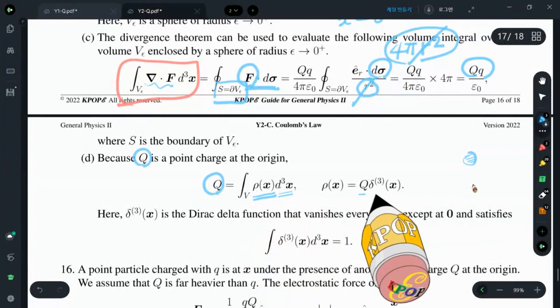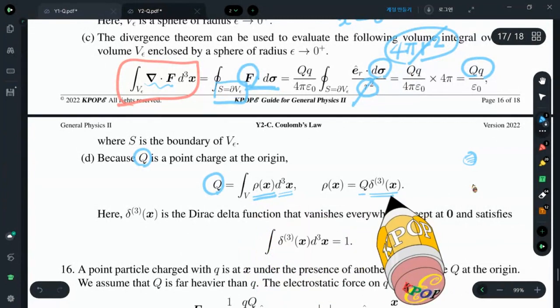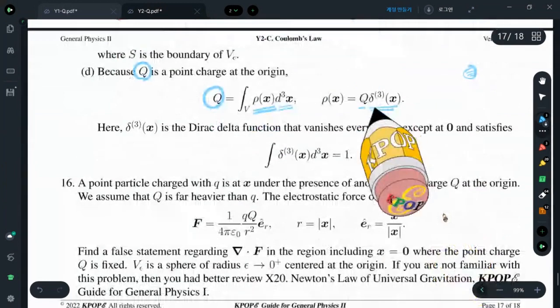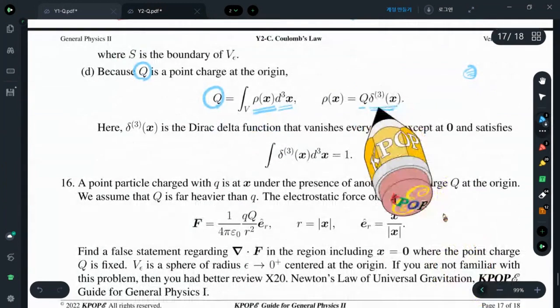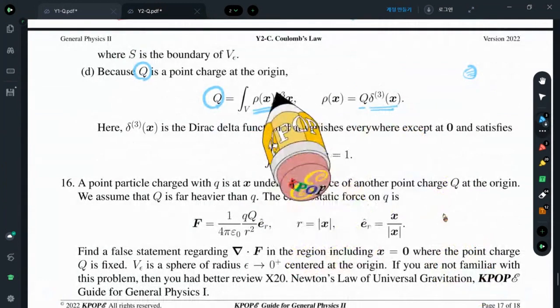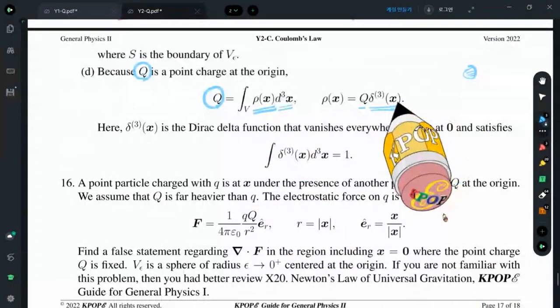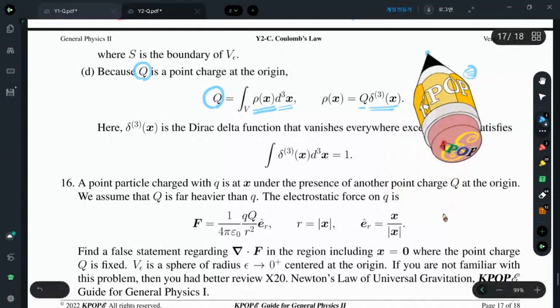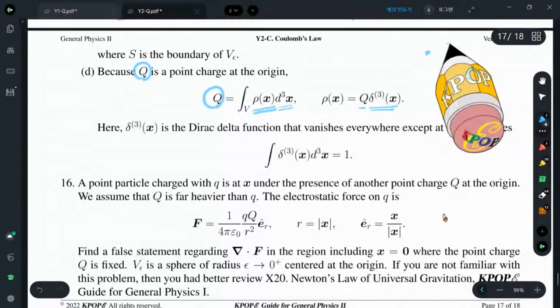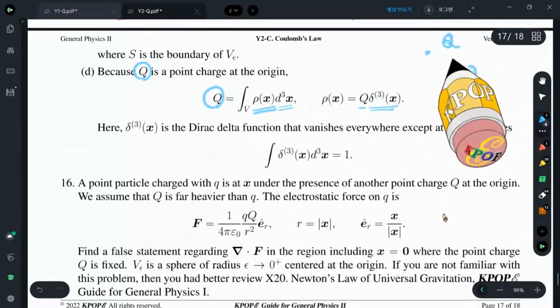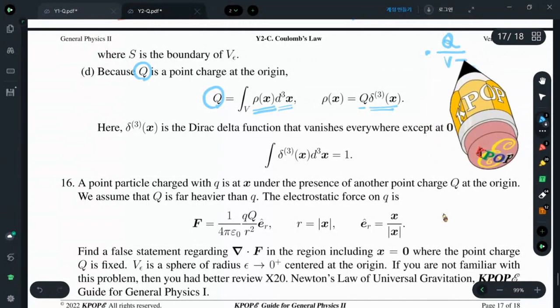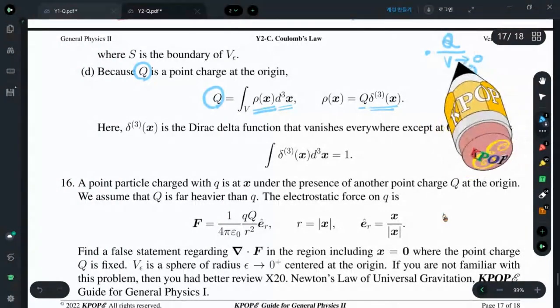And that is actually the Dirac delta function. It looks complicated, but the Dirac delta function is just infinite at x equals 0. I told you a point charge has a finite charge, but its volume approaches 0.